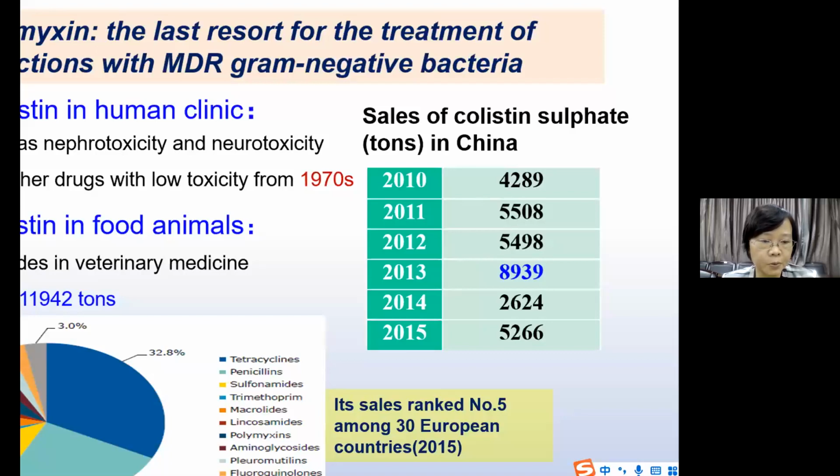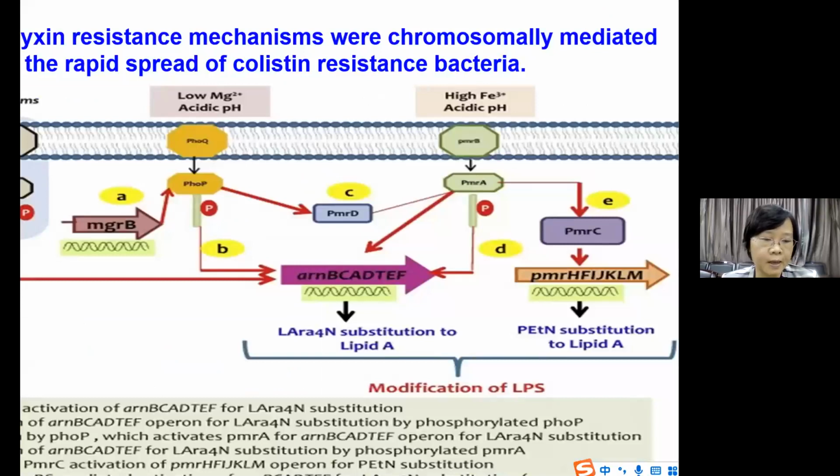Colistin started to be used in clinical settings since the 1950s, and it was replaced by other drugs due to its high toxicity, and it has become a life-saving drug in clinical medicine and received wide attention in the international community.